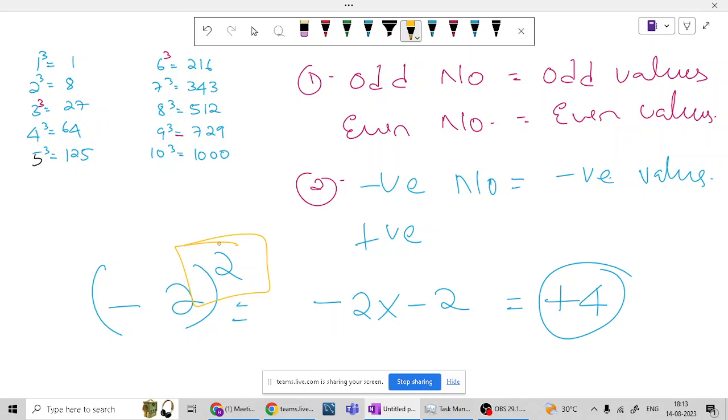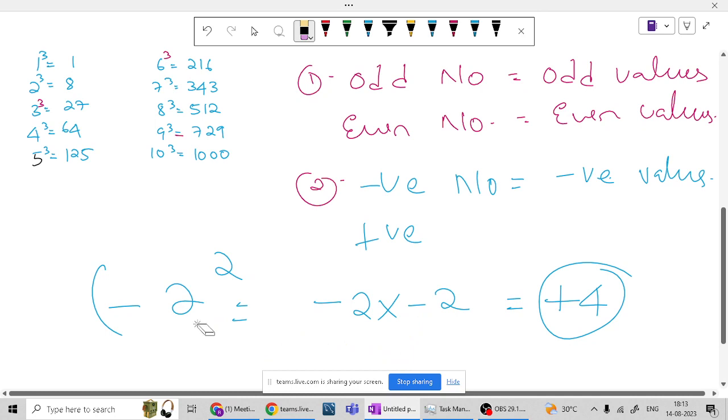So for a square, if the base is negative, the answer is positive, and for a cube, if the base is negative, the answer will also be negative. You shouldn't memorize it like that. Just take any value. How many times is minus multiplied here?